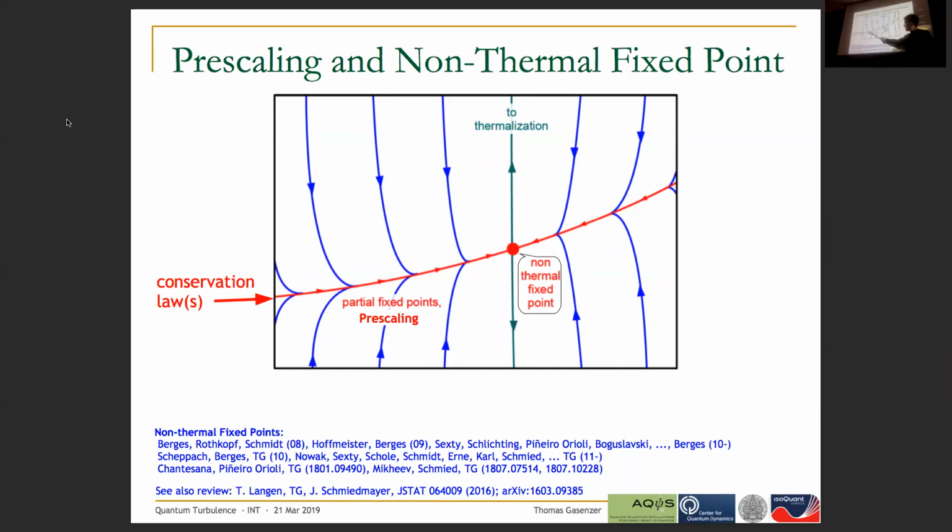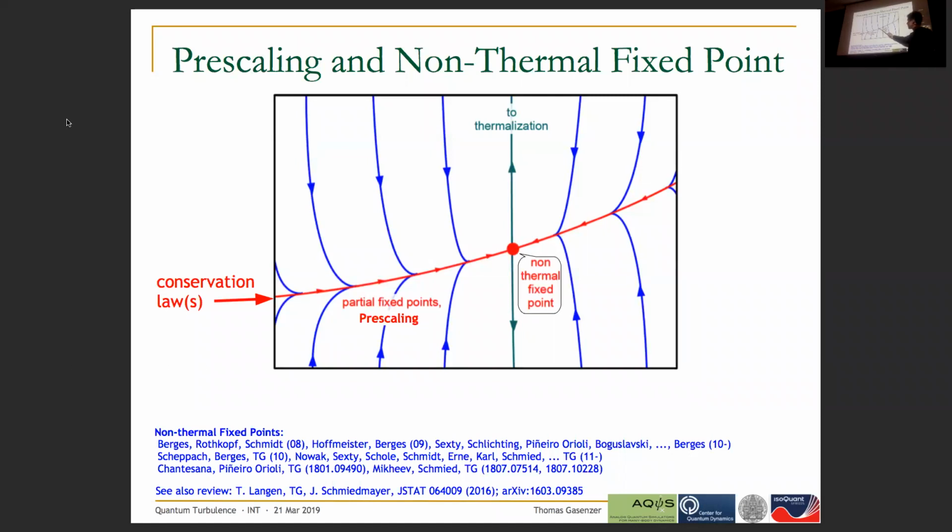Now, what I'm saying is that we approach these kind of line of partial fixed points and then slowly drift along them. The system looks like it scales already, or does so in an approximate way, and eventually it will run into a fixed point, which is still not a thermal equilibrium state, but which I call the non-thermal fixed point, or it won't, depending on how close it got to that line.